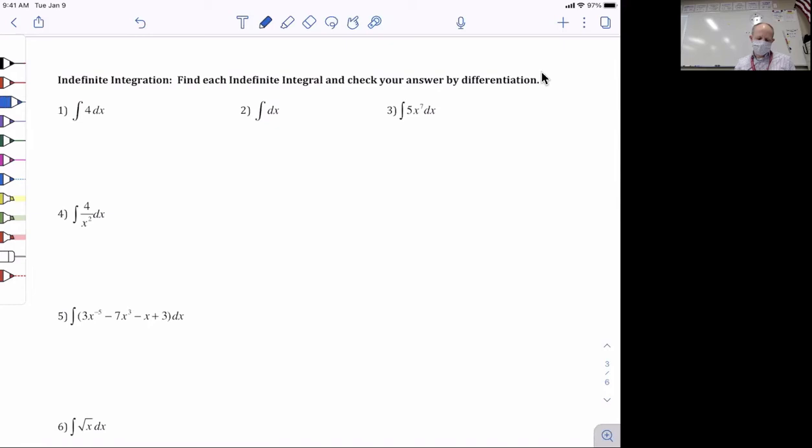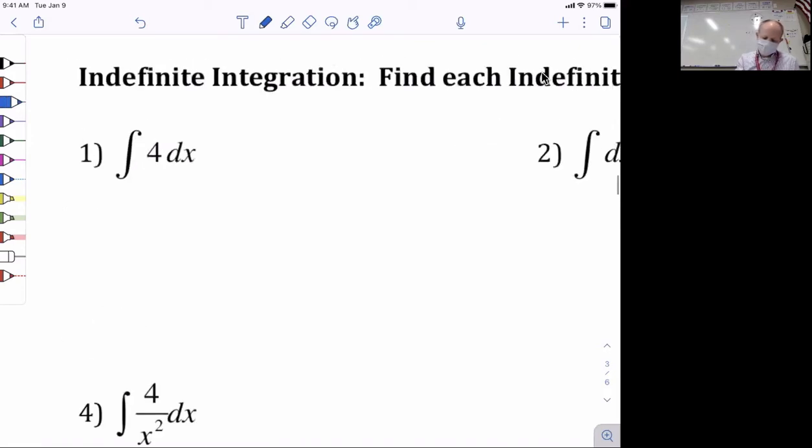All right. So we have the antiderivative of 4 with respect to x. Okay. So when you just have a constant in there, this is going to become 4x and then plus c. Now, they did say you can always check your result by differentiation.